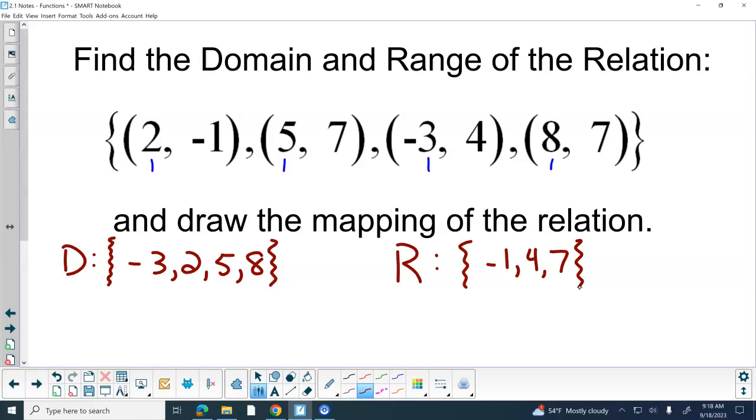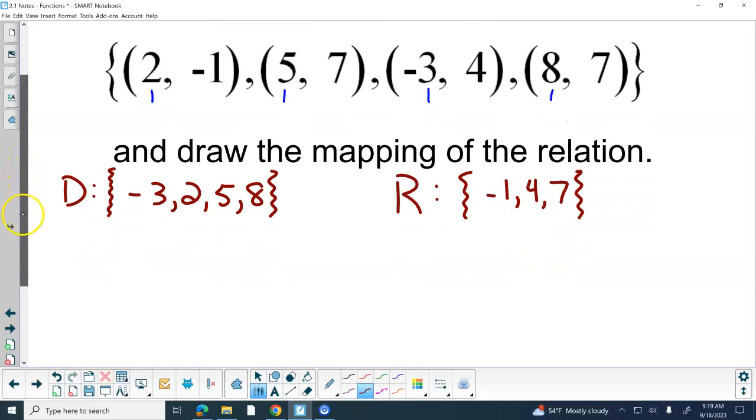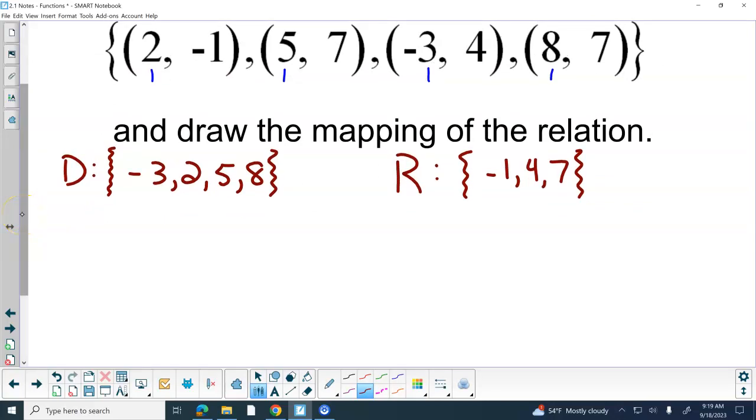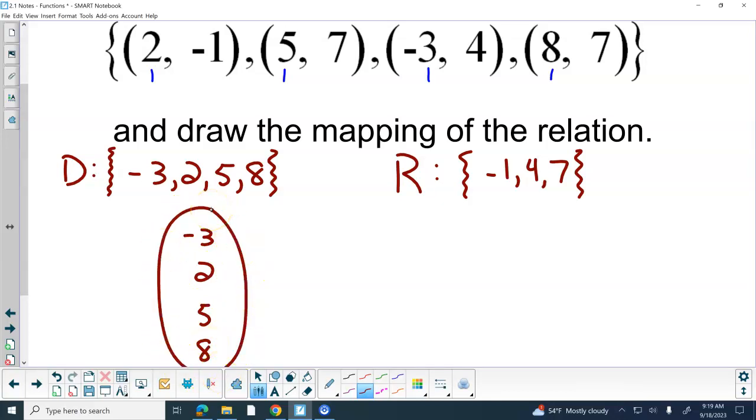Okay? So now my mapping then, I would take the elements in my domain, -3, 2, 5, and 8. If you put them in an oval or a box, I don't really care what you put them in. You don't even have to put them in anything, really. Okay? And then you've got the elements of your range, -1, 4, and 7.